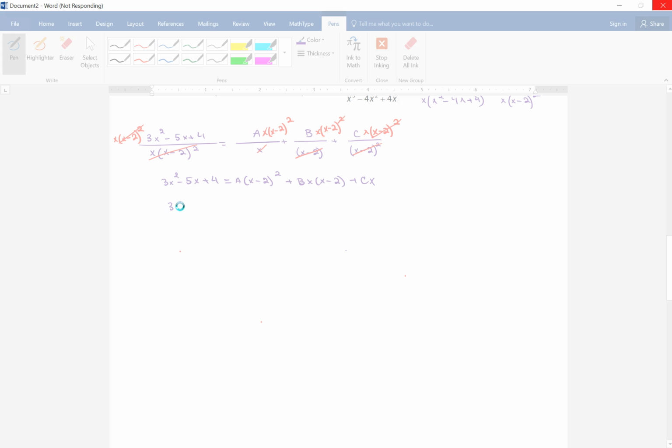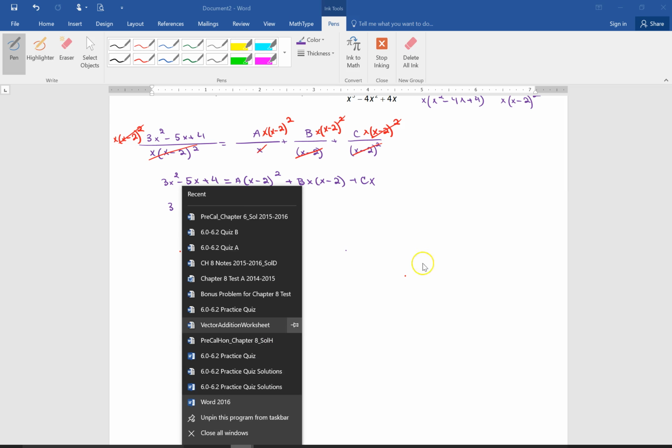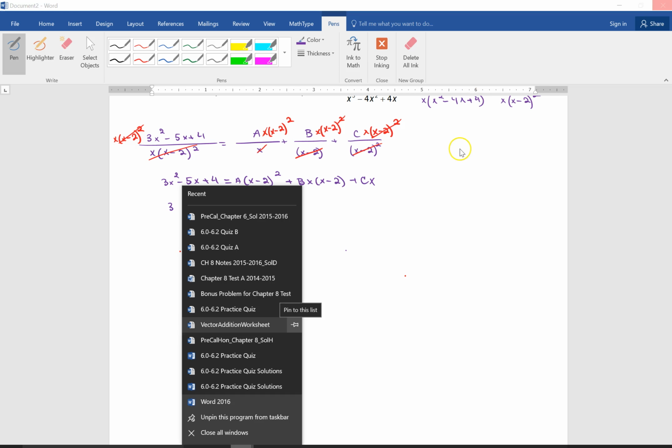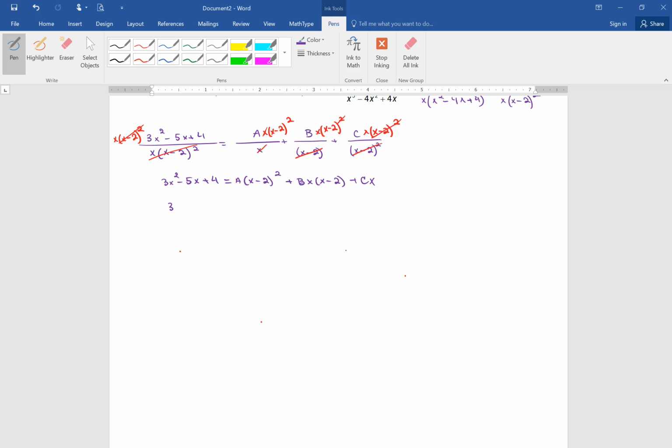Maybe I won't. Which one? Because on top here you have 2 x minus 2, but here you have 1. So one of it goes away with the other one. Okay. All right, so here we have 3x squared minus 5x plus 4. This is A. All right, we're going to FOIL this one.